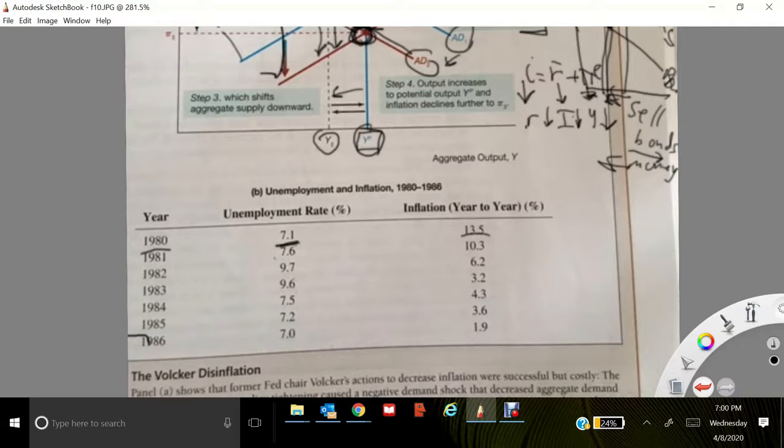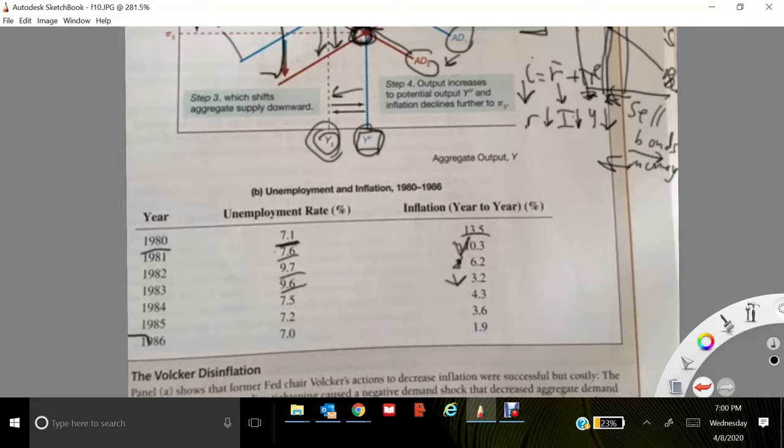Volcker came in and shifted the aggregate demand curve to the left, resulting initially in increasing unemployment, as we saw here. We saw that inflation dramatically fell from 13 down to 10, down to 3.